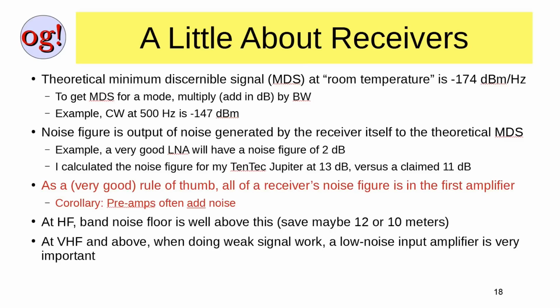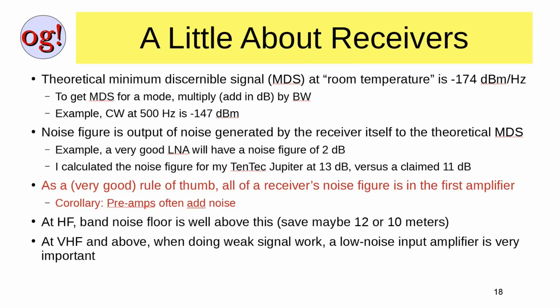Now, the noise figure of a receiver is the output of noise generated by the receiver itself compared to the theoretical MDS. For example, a very, very good low noise amplifier will have a noise figure of 2 dB.